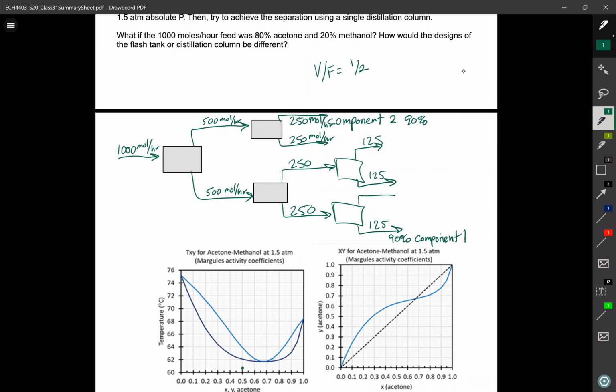But I have to set a temperature here. And if I want a 50-50 split, then I have to have a temperature such that my vapor and liquid would be approximately 50-50. Graphically, what that looks like on the TXY is a point that's right in the middle of my 2 lines. So I'd say it's something like so.